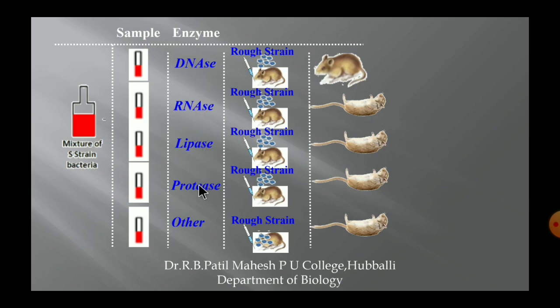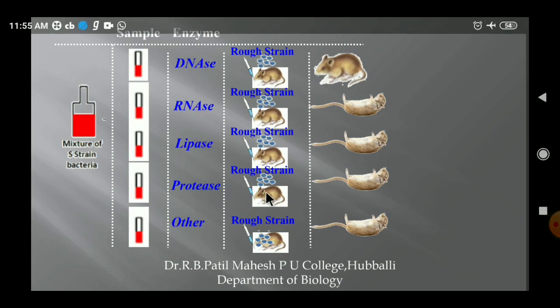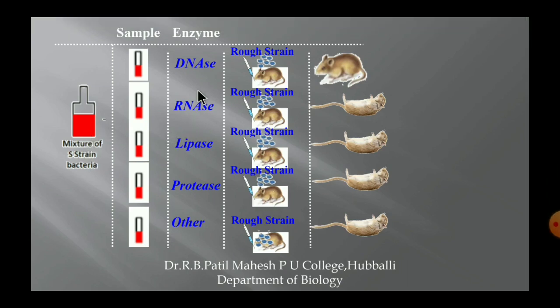RNase, lipases, proteases, and other enzymes are injected into the mice. The extract is treated with various other enzymes and injected into the mice, and the mice died of pneumonia, and they could find transformation, that is, R cells transformed into live S cells.